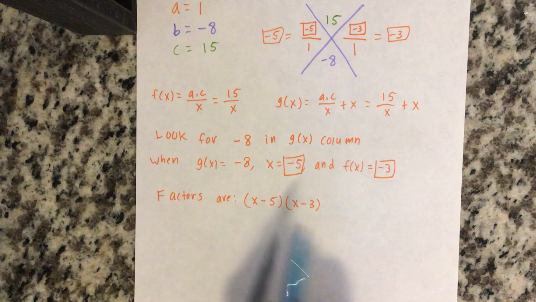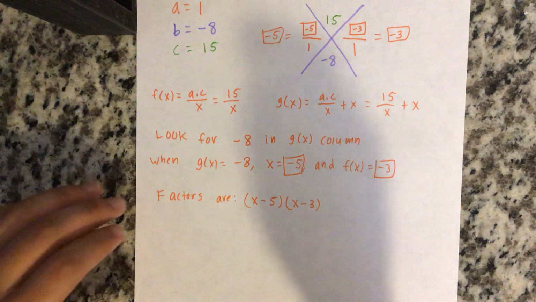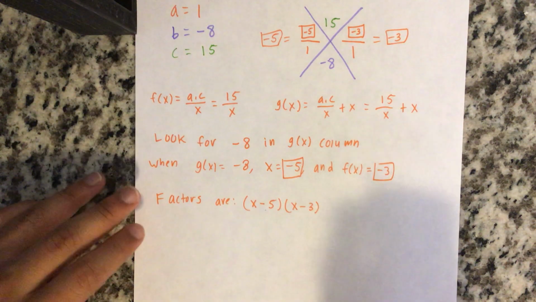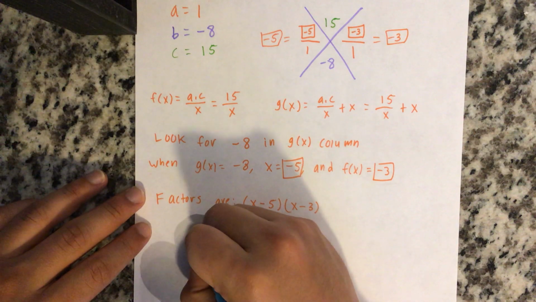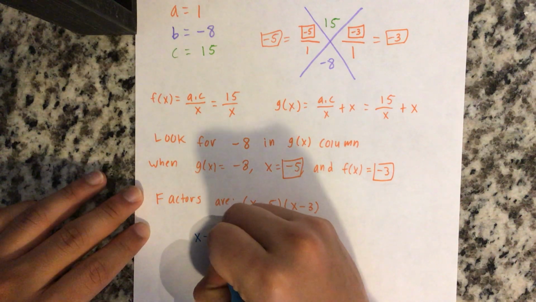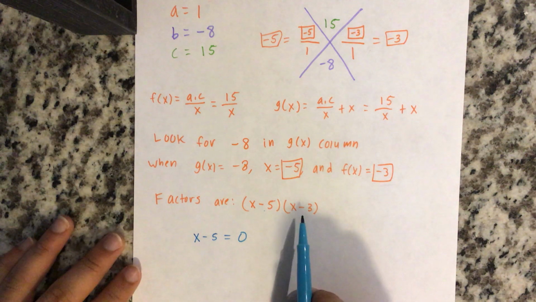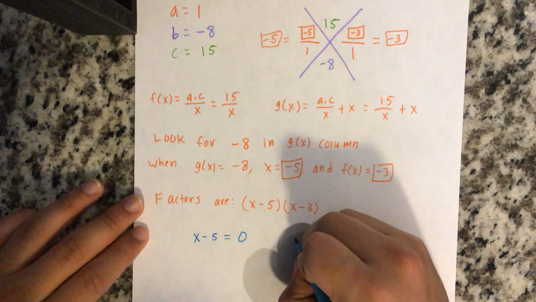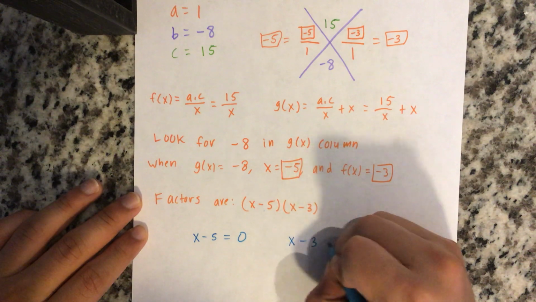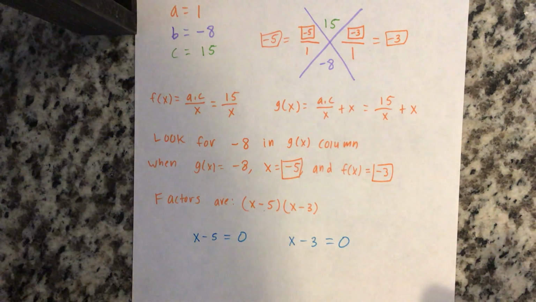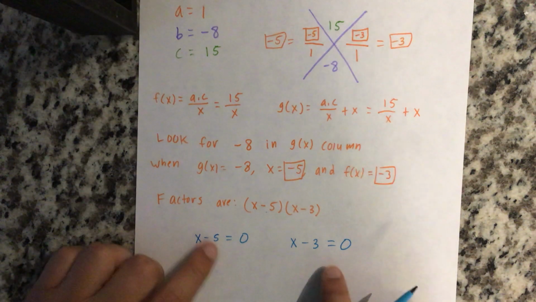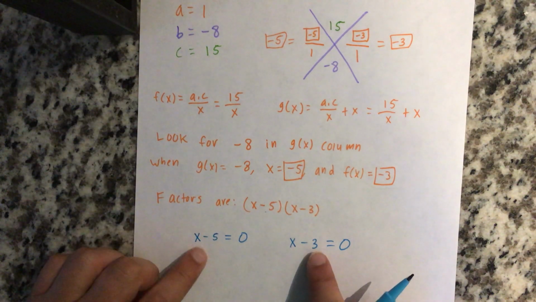I'm going to set both of these equal to 0. So when I set x minus 5 equal to 0, I'm saying x minus 5 equals 0. Okay? If I want to set this one equal to 0, I get x minus 3 equals 0. Okay? So now, both of these factors are set equal to 0.